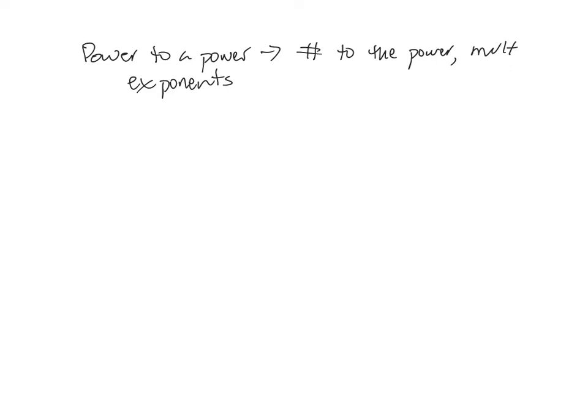So sometimes you might be thinking, power to a power, what does that look like? So if I had x to the 3rd power, and then I had that to another power. Okay, so if you back it up and think of what this really means, well, it means x to the 3rd times x to the 3rd times x to the 3rd times x to the 3rd.